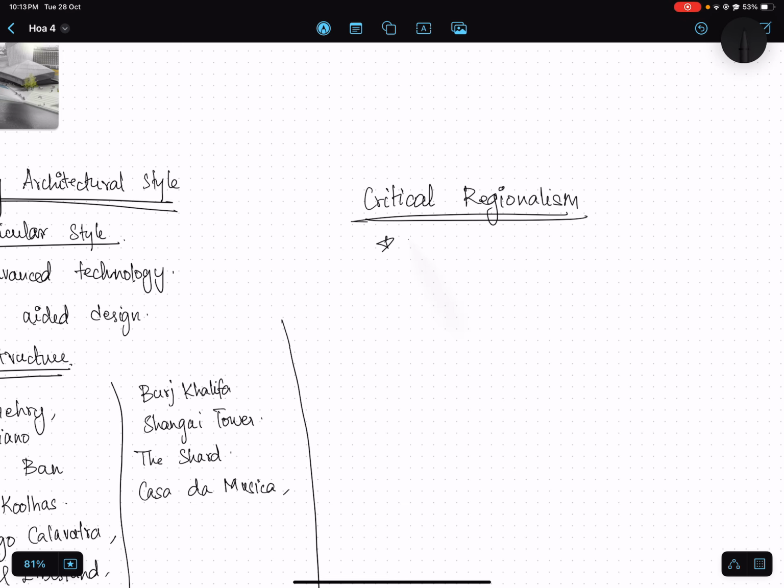They wanted a sense of place, like, for a climate of this type, and for a building to be constructed in that place with that cultural importance, with those historic references, it has to be in a particular style. So that is about critical regionalism.